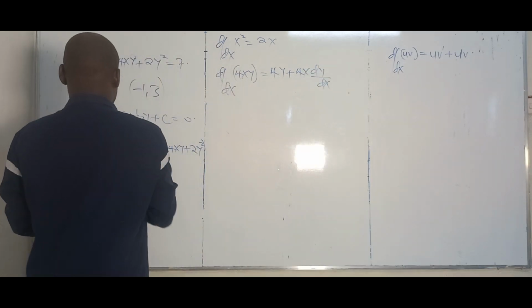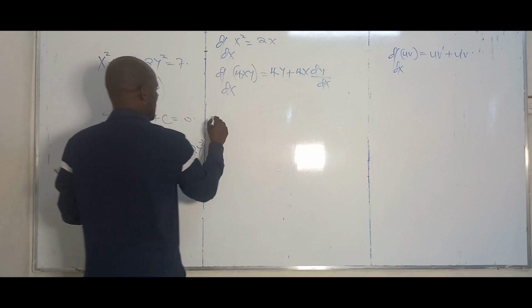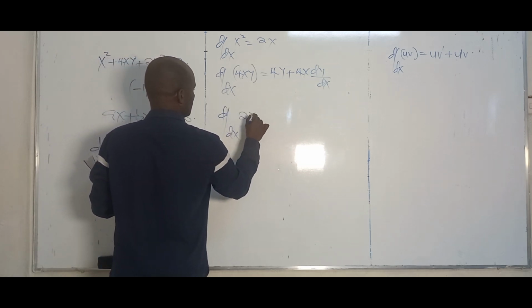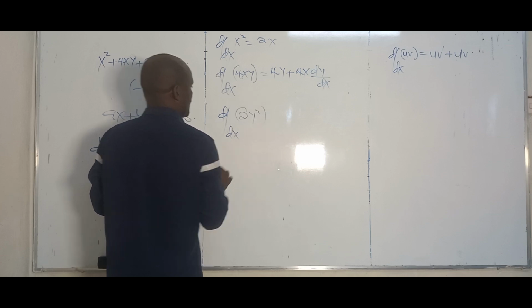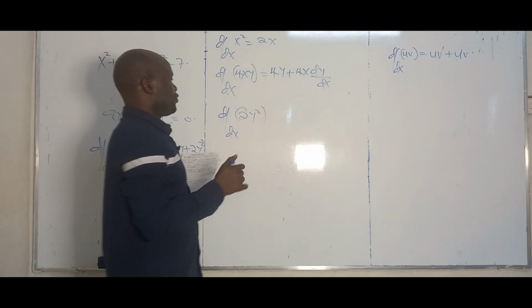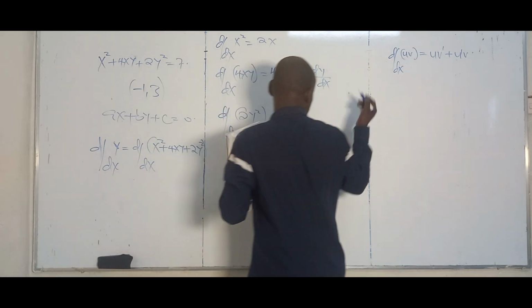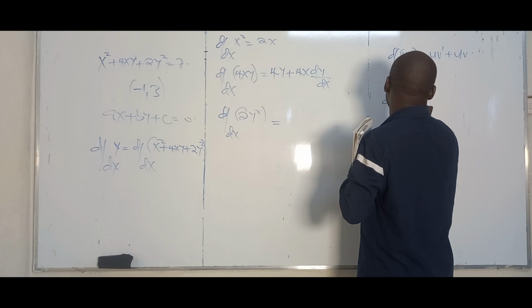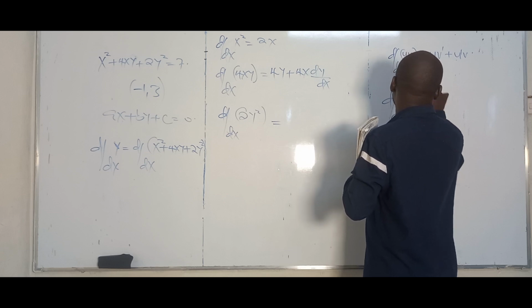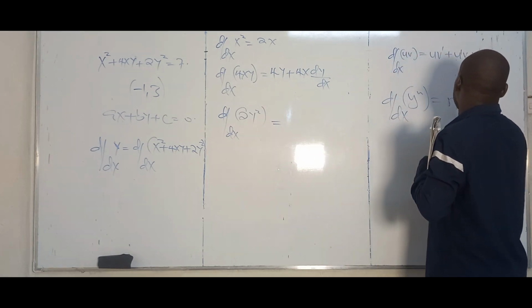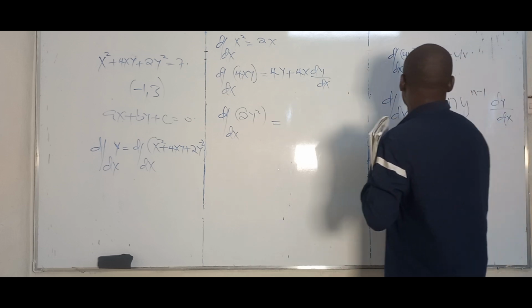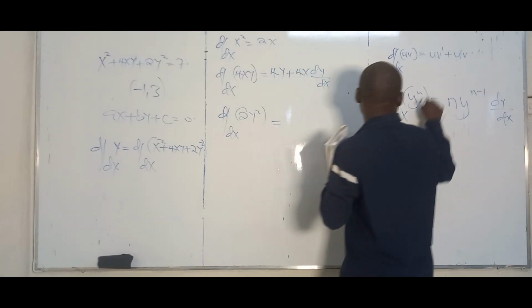The same here. We now want d/dx of 2y squared. This again, we apply the chain rule. The chain rule simply states that d/dx of y raised to power n is equal to n y raised to power n minus 1 times dy/dx. That's the chain rule, and this is the product rule.